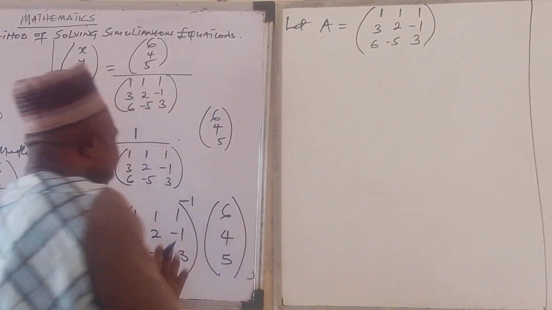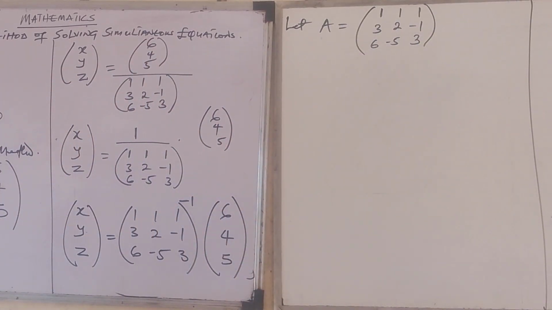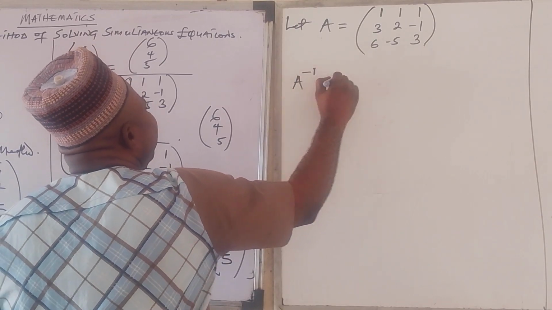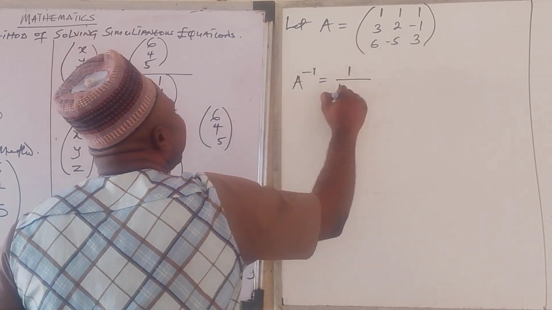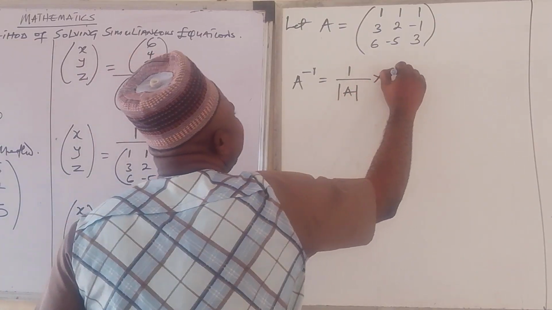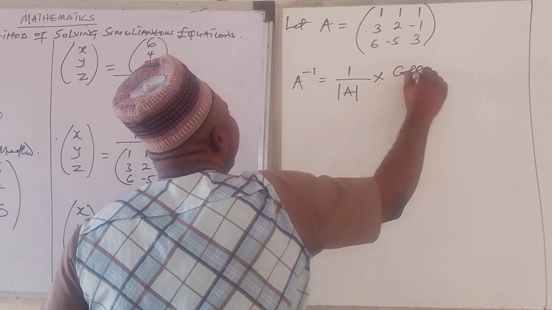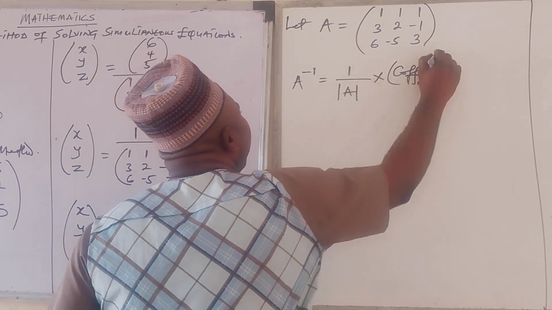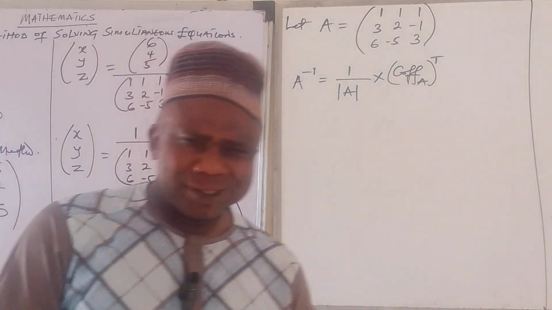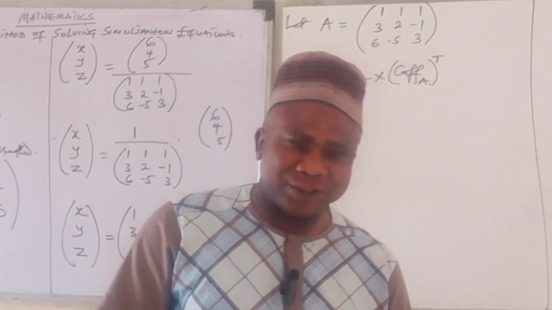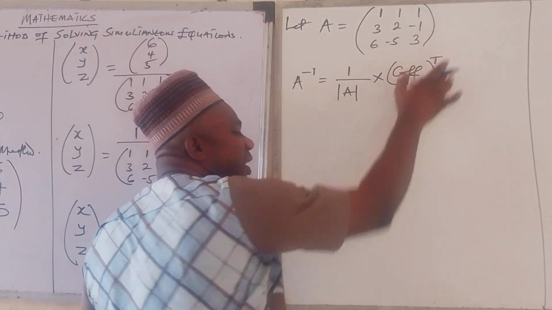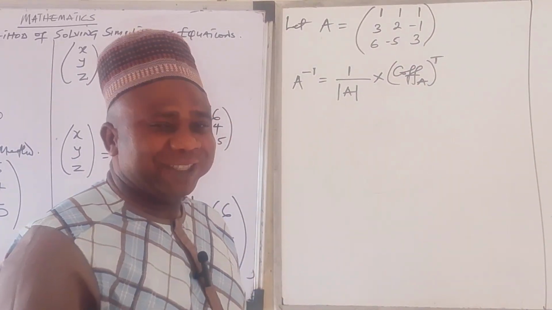Now, A inverse, the inverse of a matrix, is 1 all over the determinant of that matrix, times the adjoint or the transpose of the cofactor of the same matrix. When you transpose the cofactor of a matrix, it gives the adjoint of that matrix. So the cofactor of A transpose is the same thing as the adjoint of matrix A.